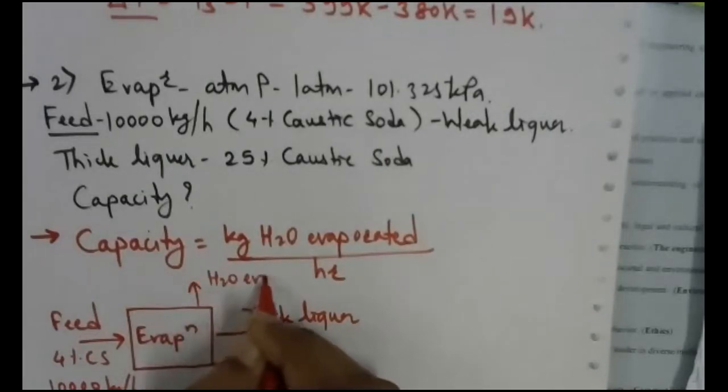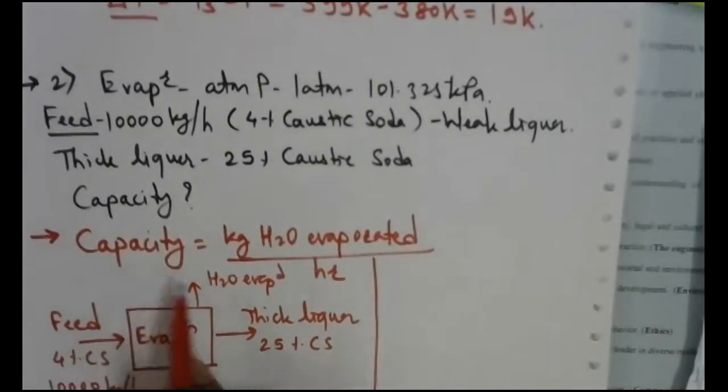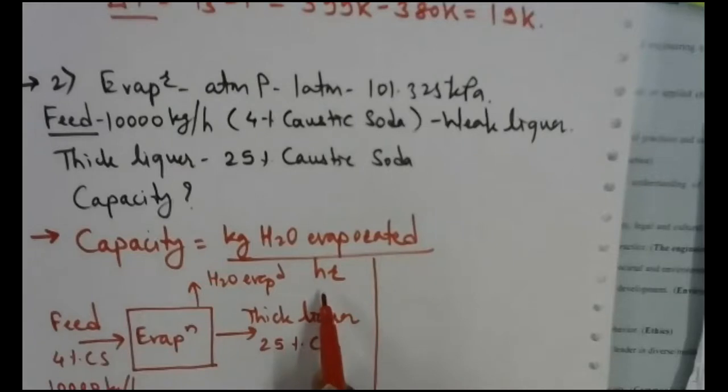Here the water evaporated we don't know the exact value, and in the thick liquor we know only the percentage of caustic soda, that is the concentration. If you observe this block diagram, we can understand that for calculating the capacity, that is kg of water evaporated per hour, we should know the mass flow rate of this thick liquor.